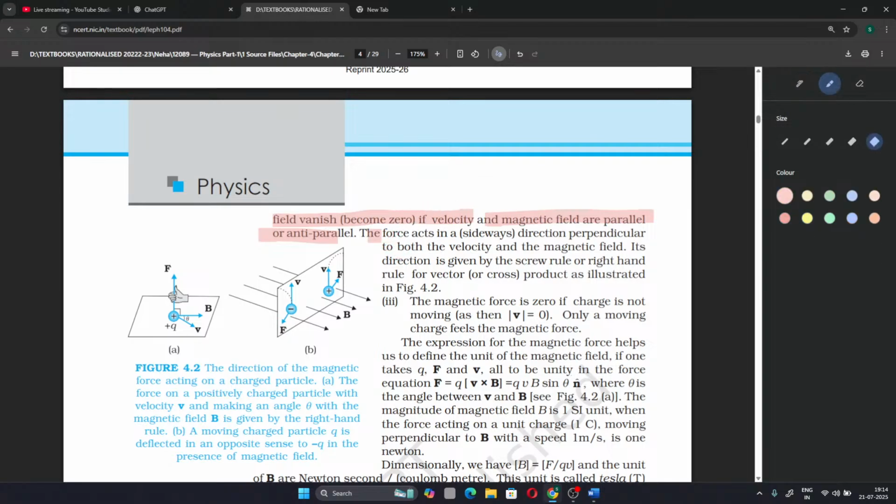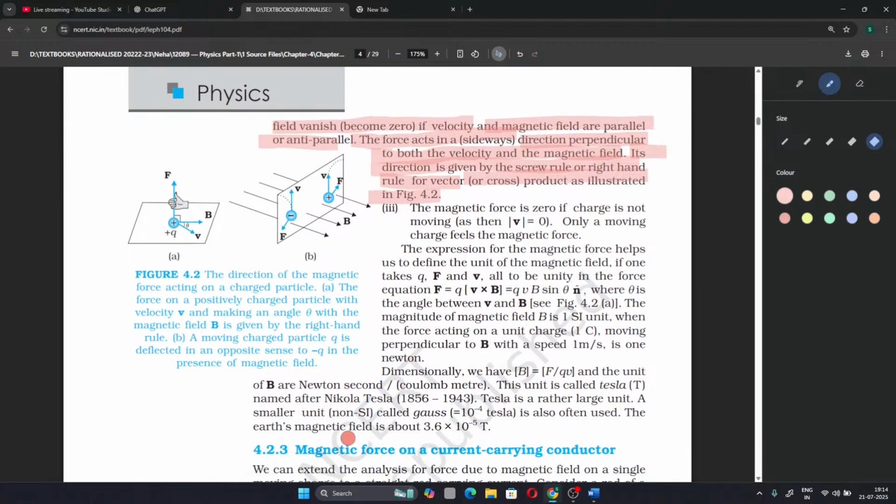The force acts in a sideways direction perpendicular to both the velocity and magnetic field. Its direction is given by the screw rule or right hand rule for vector or cross product, as illustrated in figure 4.2. Let's see the figure. The direction of the magnetic force acting on a charged particle.